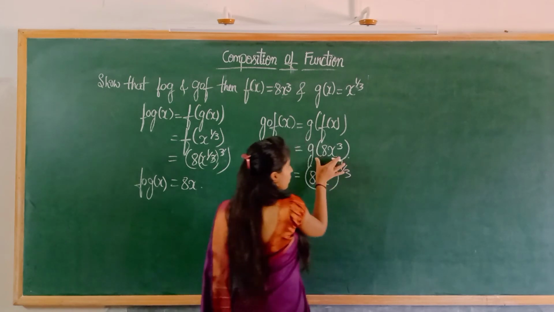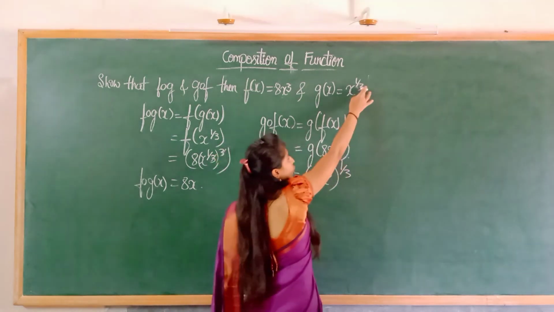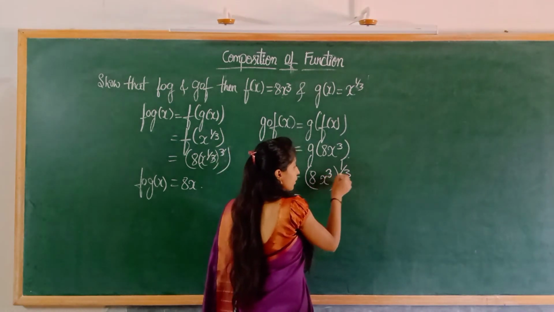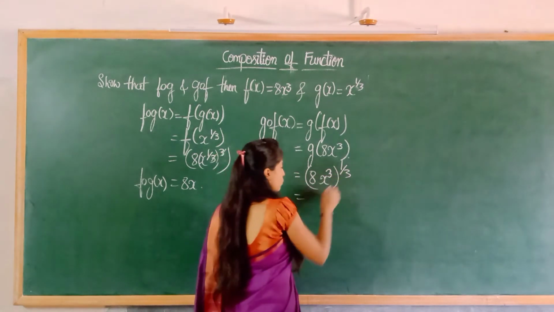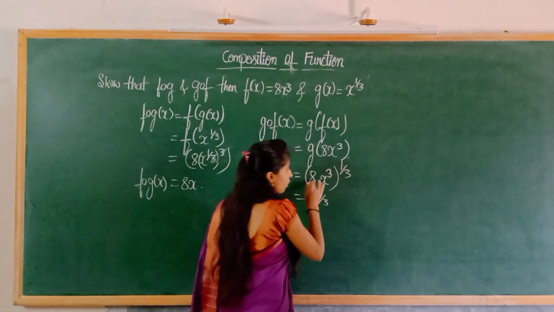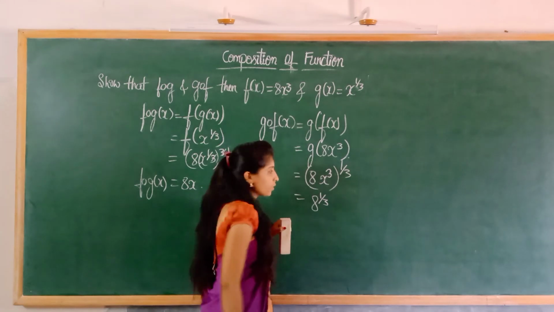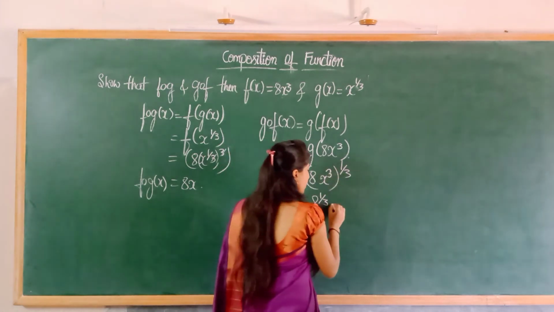For the 8, it is 8 to the power of 1 by 3, and for x cube whole to the power of 1 by 3, the 3 gets cancelled. The remaining is x here.